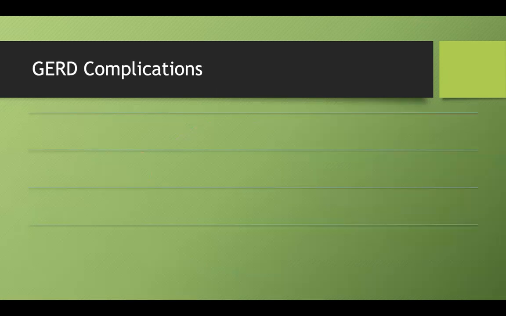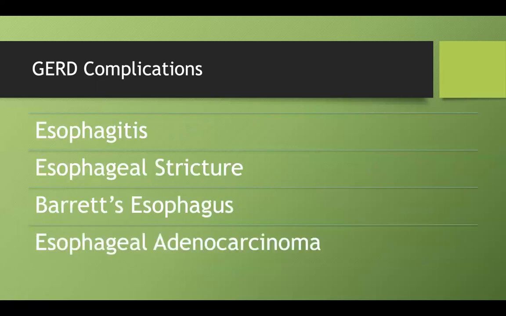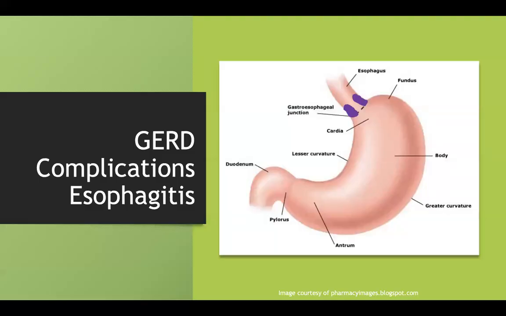There are several complications of GERD that you need to know. First off, esophagitis, and this should make sense because the esophagus is going to be inflamed by all that acid. You can also get esophageal strictures, Barrett's esophagus, and esophageal adenocarcinoma. Let's talk about esophagitis real quick.